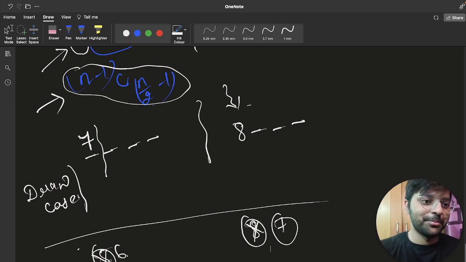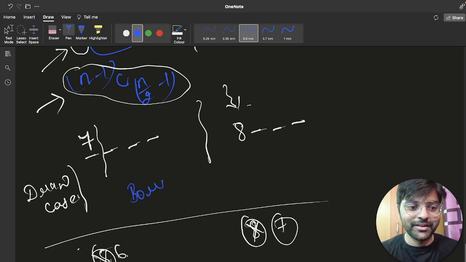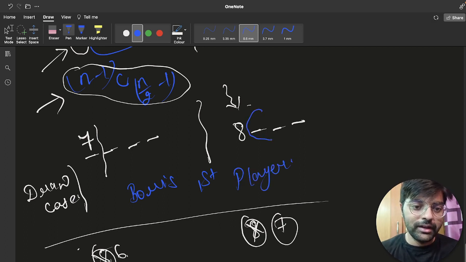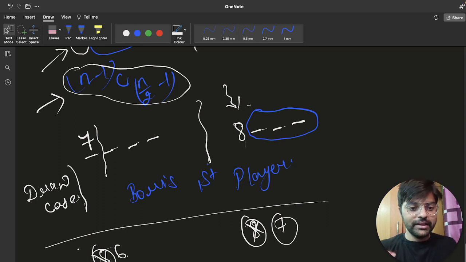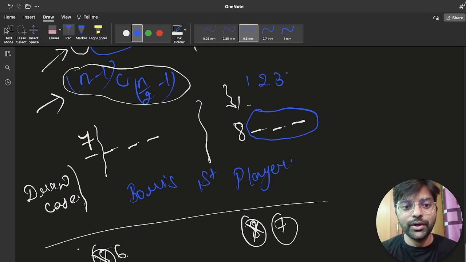Now after one game, one round is completed and this is the configuration 7 and 8. Now you can see that Boris is our first player. Boris is our first player, and in the next round we have numbers left as 1 2 3 4 5 6, right?